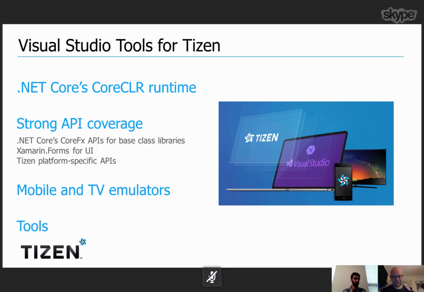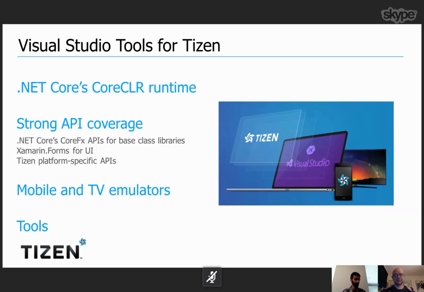So this means you can benefit from many of Visual Studio's great features such as IntelliSense and debugging. And as we've been discussing, .NET Core's Core CLR runtime is supported, and I've mentioned we have very strong API coverage, so this will really enable you to make the application which you want for your users.